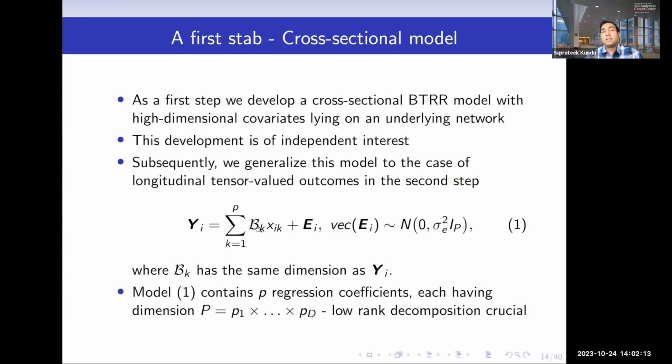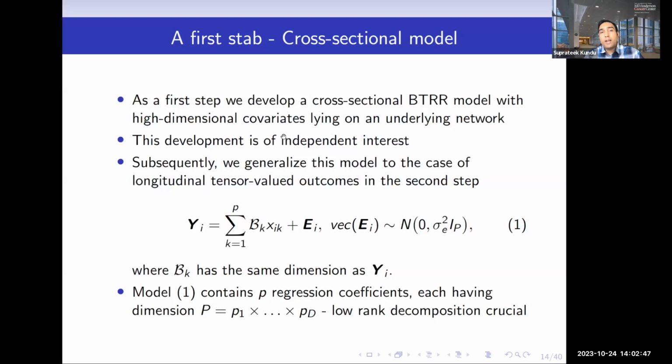And script B_k is your tensor-valued coefficient matrix for the kth covariate, right? So this is a simple enough equation. The main difference here is this P is very large compared to the existing BTRR models. In existing BTRR models, P would be very small, 3, 4, 5, 10 maybe. But here we're dealing with thousands. So that itself is an innovation in my view, right?